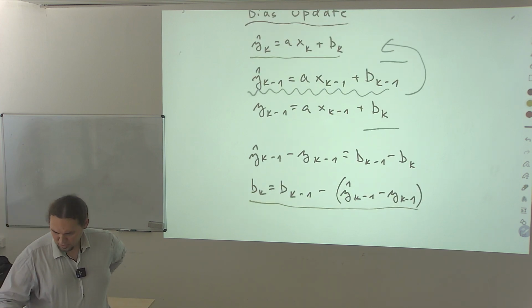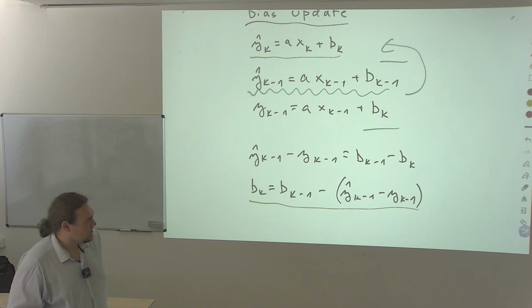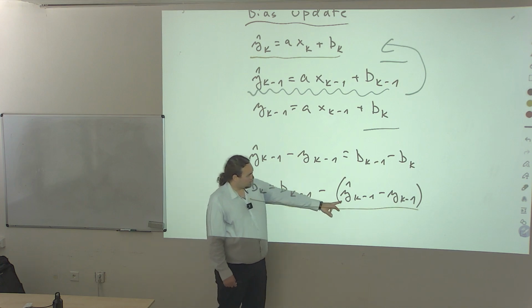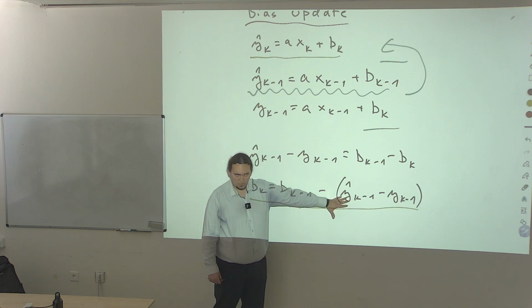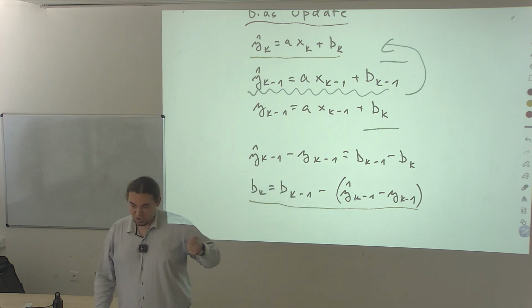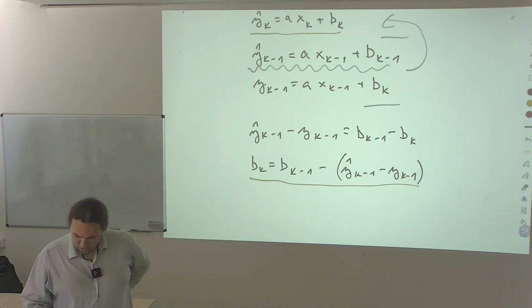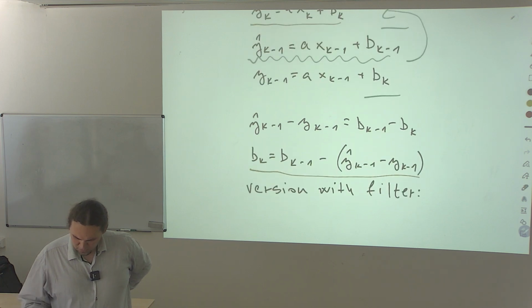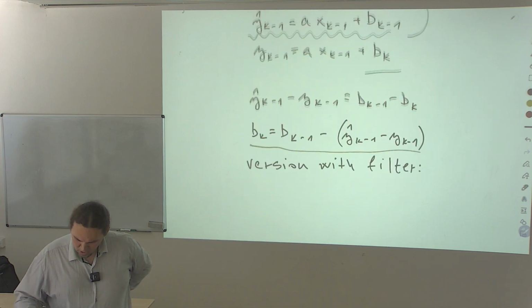What people always suggest is, well, this is kind of myopic. It gets driven fast to change this one based on just one point in time, just one measurement. So we can alter it with some filtering. And this filtering is very easy.